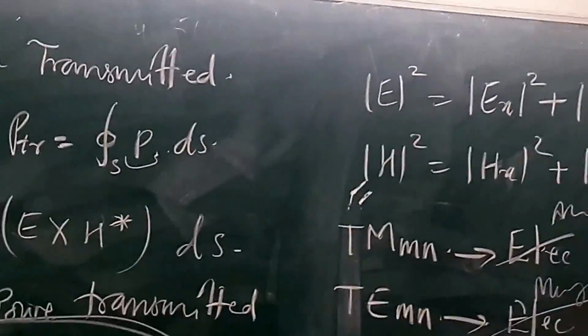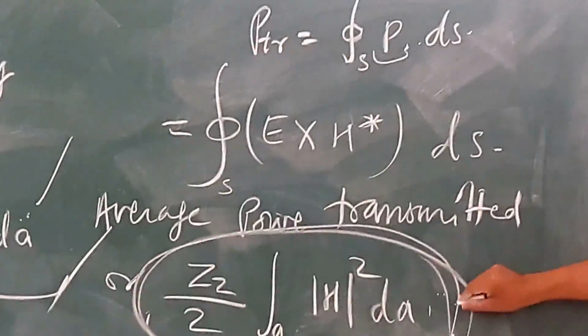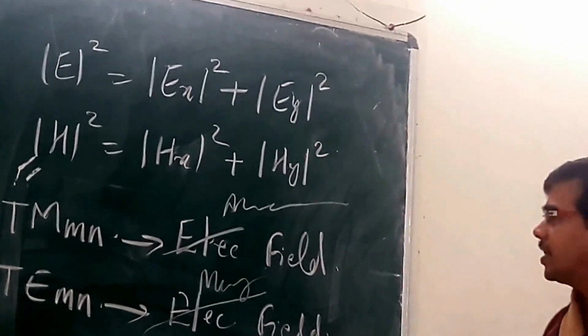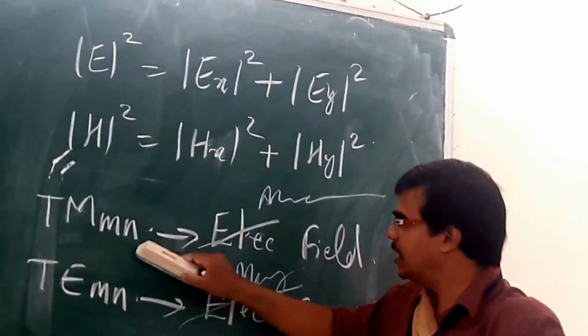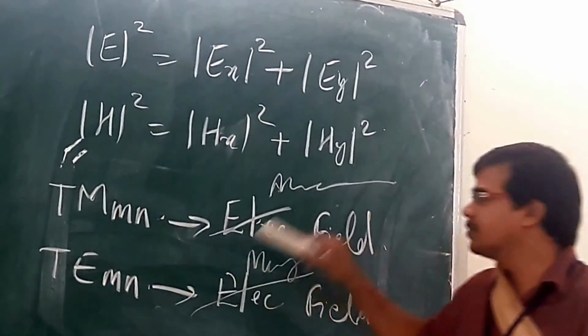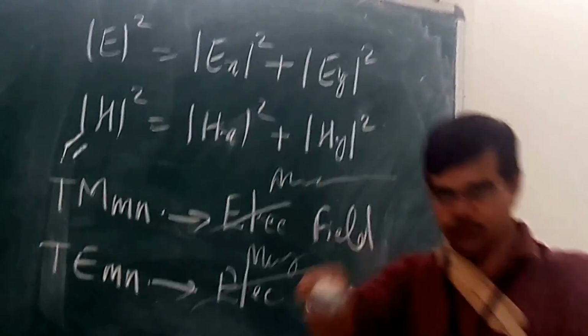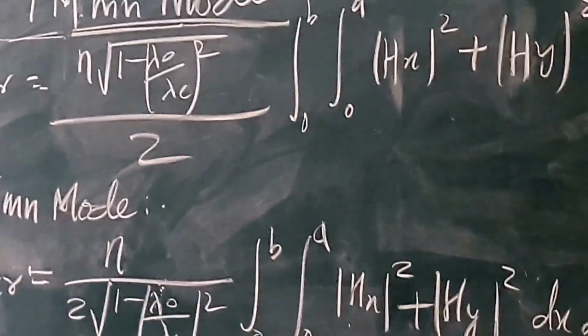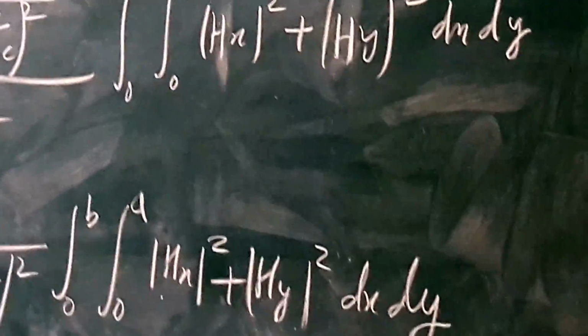Earlier I told you that you can go for either one: this is for your electric field, and this will be for your magnetic field. So you have to write the equation for the transverse magnetic MN mode in terms of the magnetic field and the transverse electric MN mode in terms of the magnetic field. Whatever parameter is given, you can pick that equation and solve it.